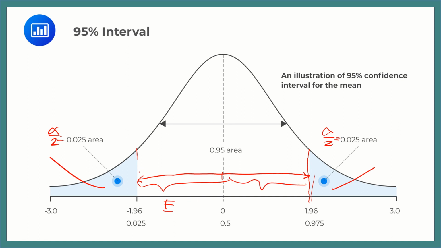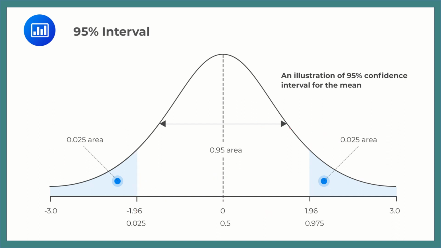And this whole area here is our confidence interval, which is 0.95. If this is our mean, x bar minus our margin of error will give us this value here, the lower boundary. x bar plus our margin of error will give us the upper boundary. Later on, we will learn how to solve for the margin of error.